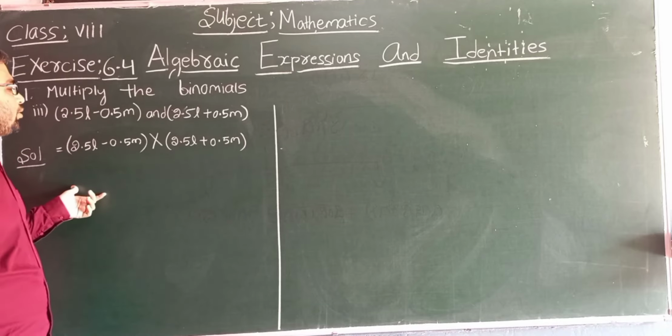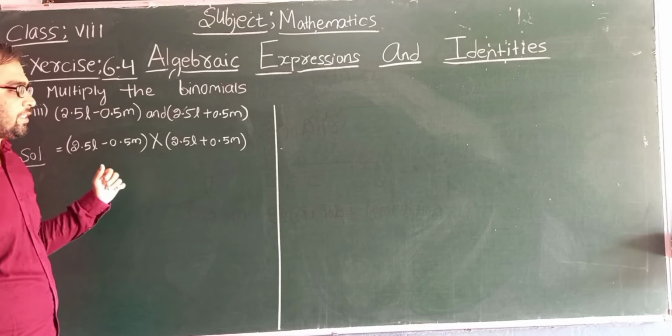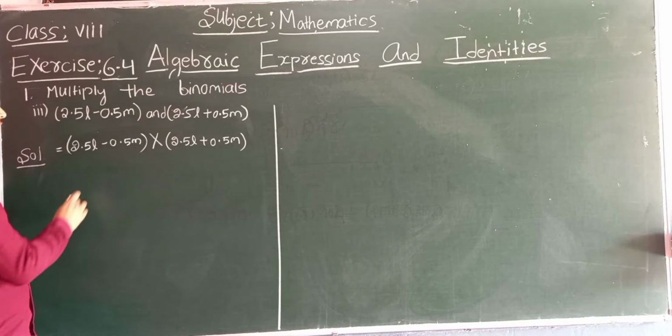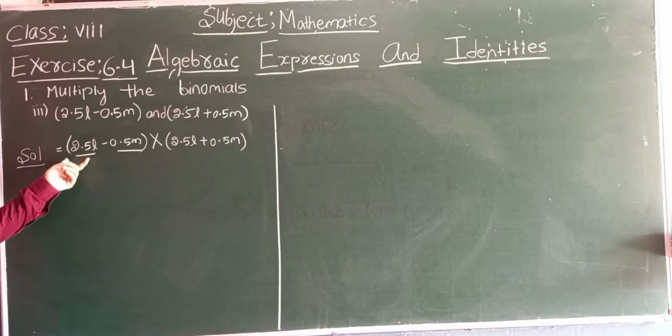Now you can keep any one binomial as it is. We will keep this one as it is, and divide this one into two parts. First part is 2.5l, and next part is minus 0.5m.